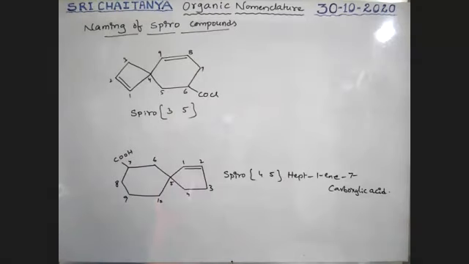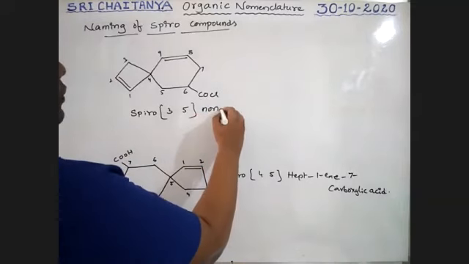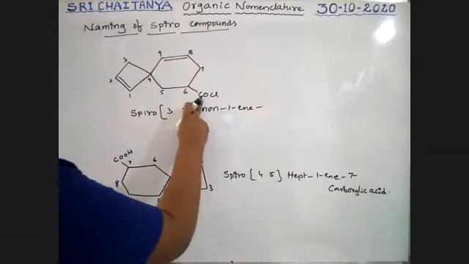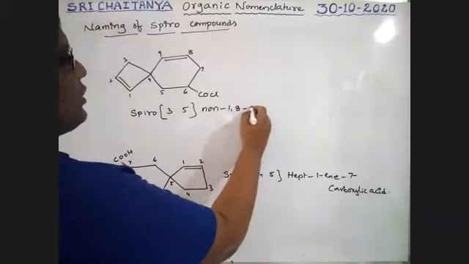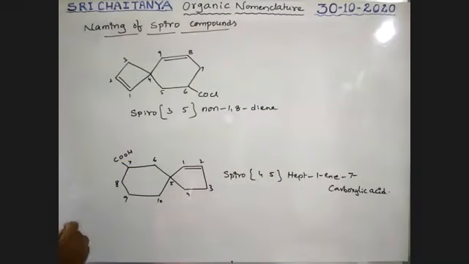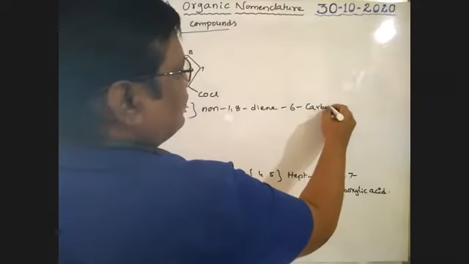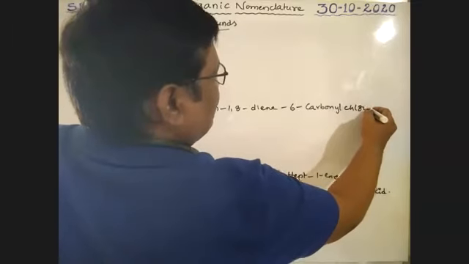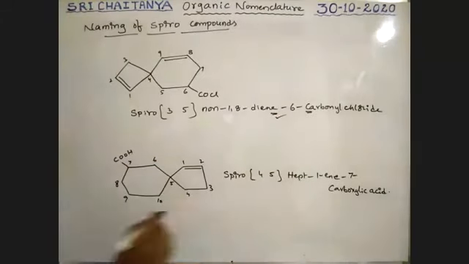So spiro[3.5], total nonane, 1,8-diene, 6-carbonyl chloride. Why 6-carbonyl? It is a consonant, that's why E is retained. 6-carbonyl chloride is the name of this compound, boys: 1,8-diene, 6-carbonyl chloride.